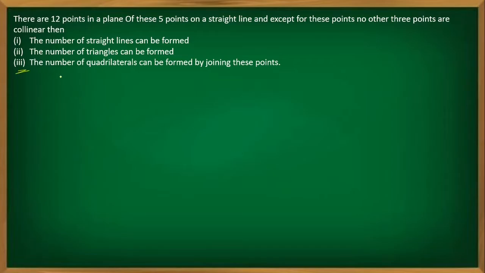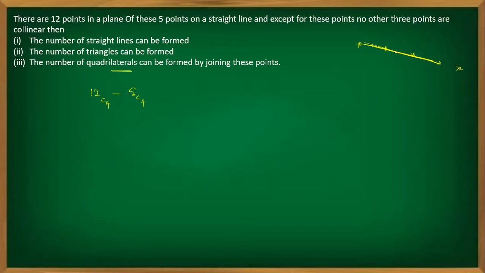The third one: the number of quadrilaterals that can be formed by joining these points. Out of 12 points, if you select any 4 points, that gives the number of quadrilaterals as 12C4. But if 5 points are collinear, selecting any 4 of them will not form a quadrilateral, so we subtract 5C4.